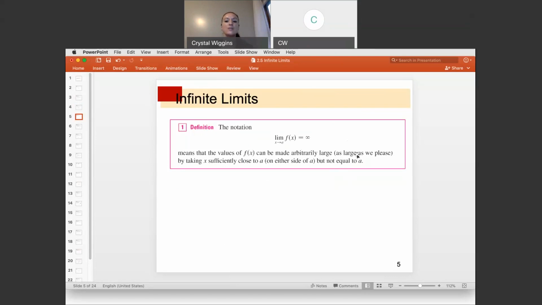As large as we please by taking x sufficiently close to a, which in the last example was 0, but not exactly equal to a, because when we were actually at 0, the function was undefined. So it wasn't continuous, but it did have a limit.